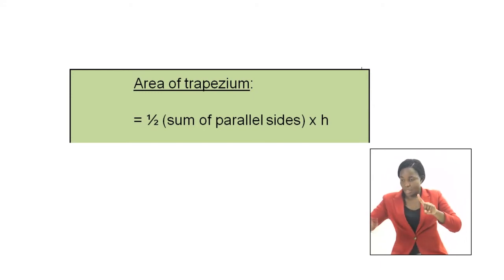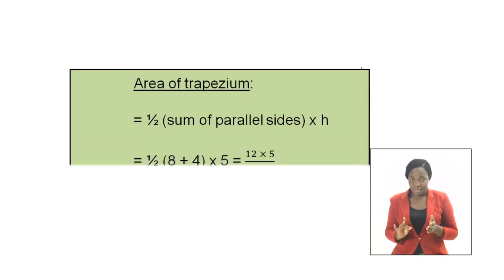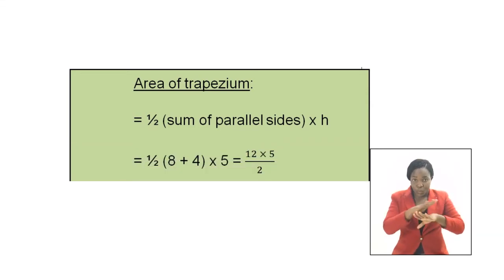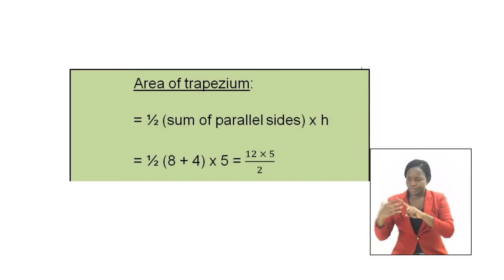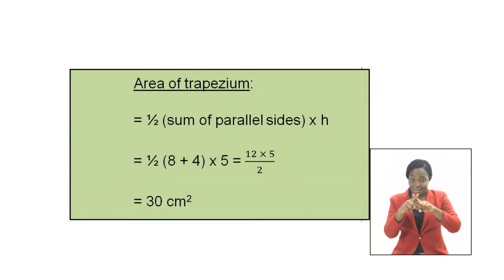The parallel sides are 4 and 8, so it will look like this. Area is equal to half, open bracket, 8 plus 4, close bracket, times height. And that gives us half of 12 times 5, which is 6 times 5, which is 30 centimeters squared.